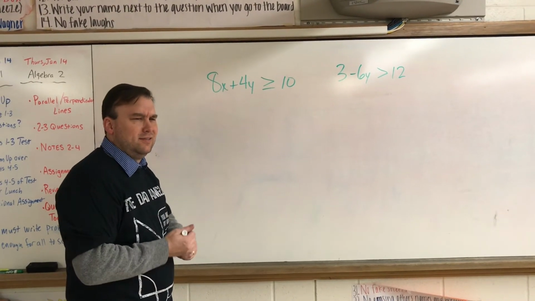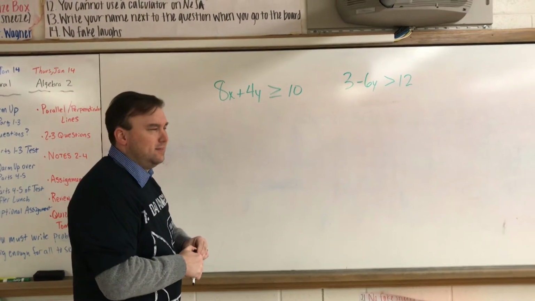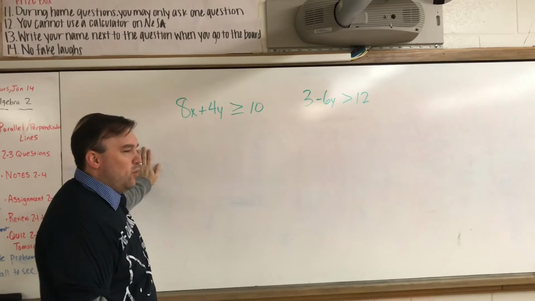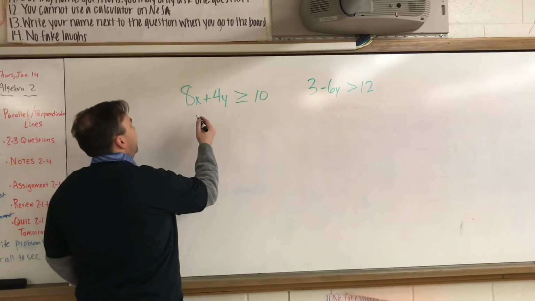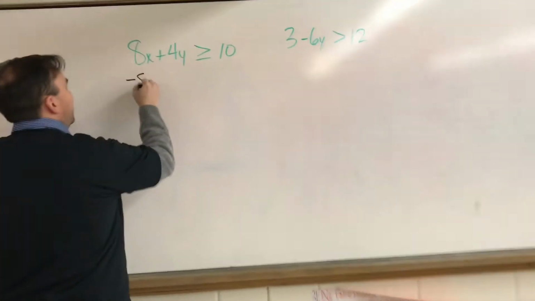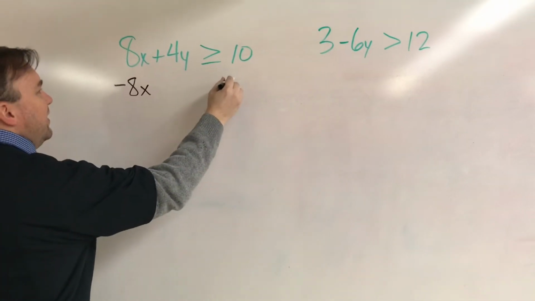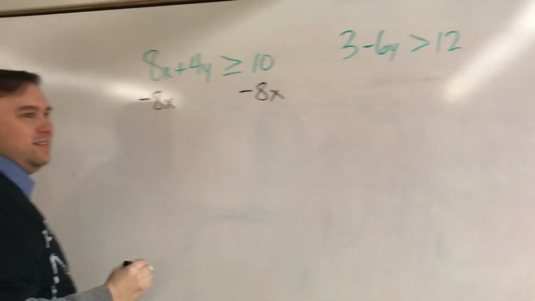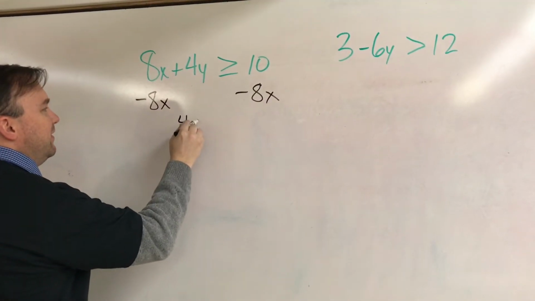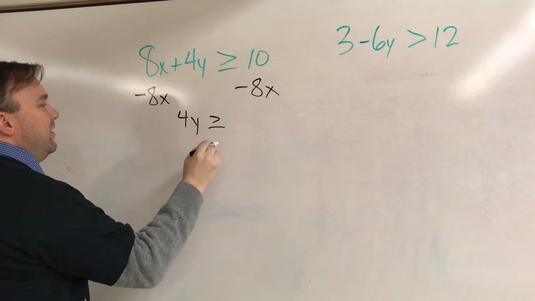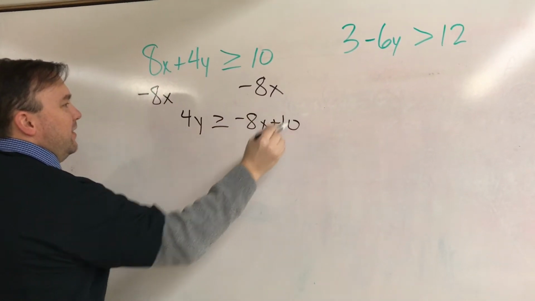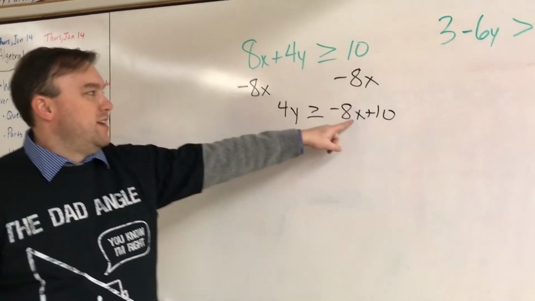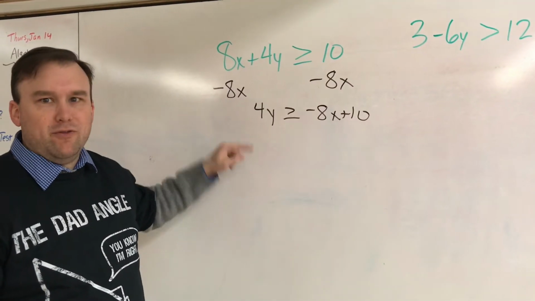Okay. I'm gonna get it by self Y. X8 minus. 10 plus negative 8x is less than or equal to y4.